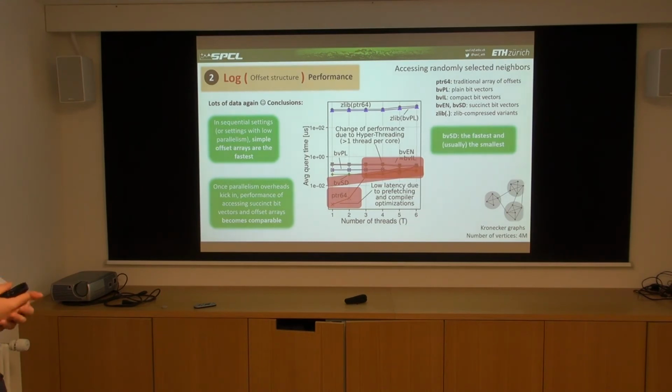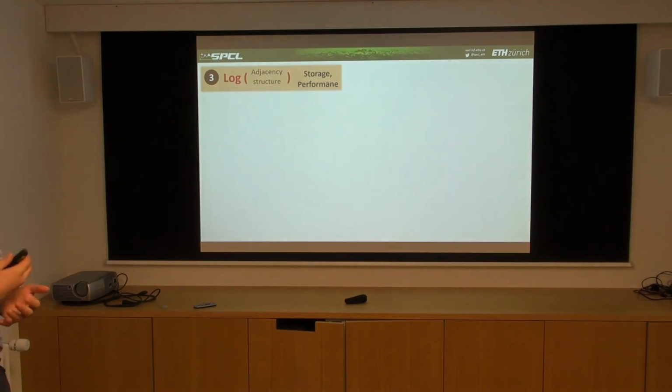Especially BVSD was usually the fastest and usually the smallest. And so this is a nice conclusion, because again we can use this in a generic way. So we can use this way to compress offsets in many different cases, and usually having both storage and performance at least as good as with the offset arrays.